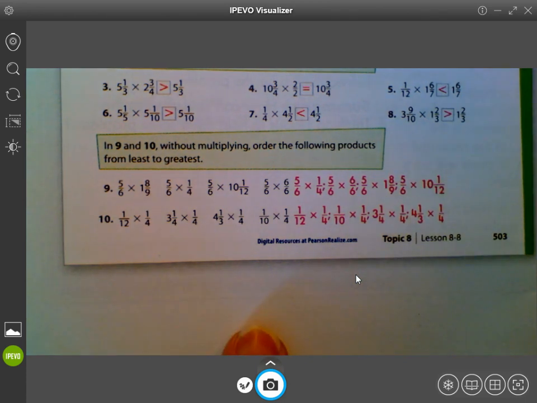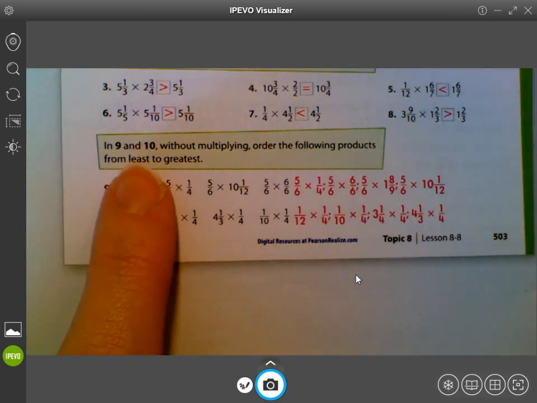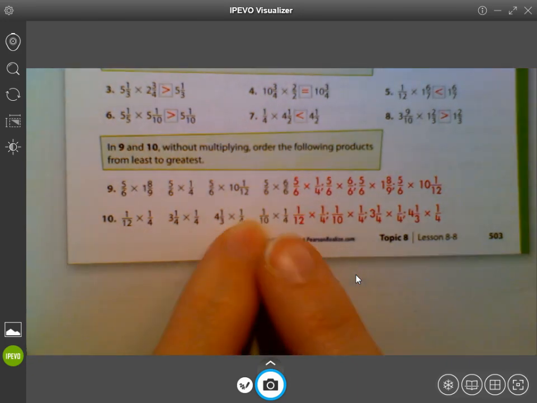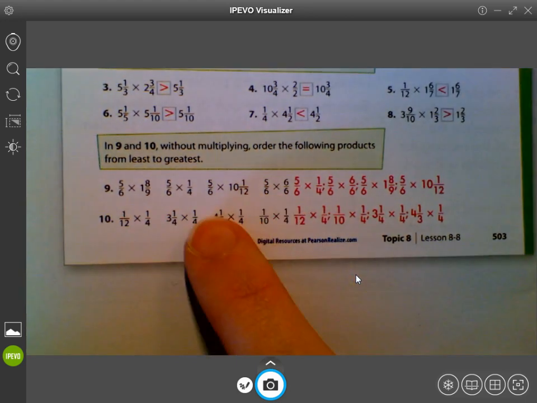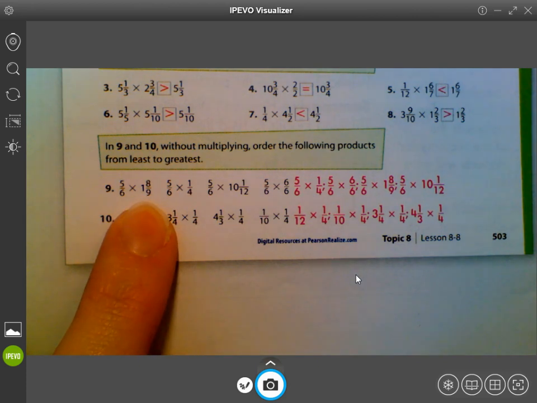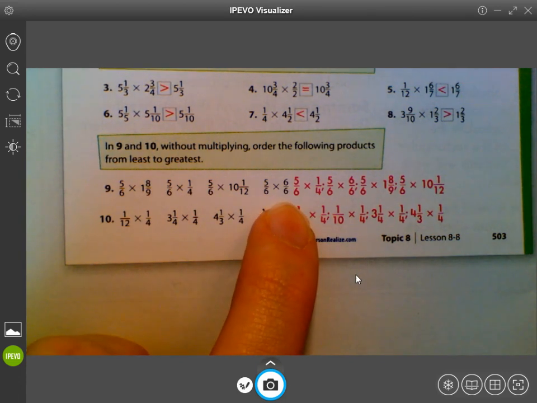Okay, and then before we go on to the next page, we had number 9. We were supposed to order them from least to greatest. Looking at these, I notice that the fraction they all have in common is 5/6. So I need to focus on the other fraction in each problem, which is 1 8/9, 1/4, 10 1/12, and 6/6.